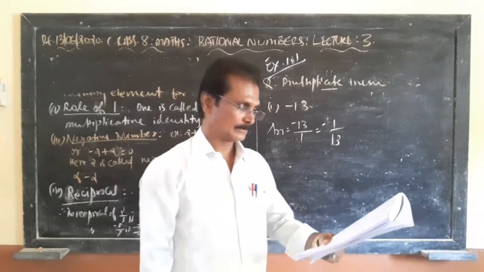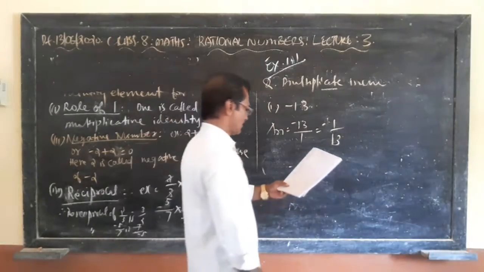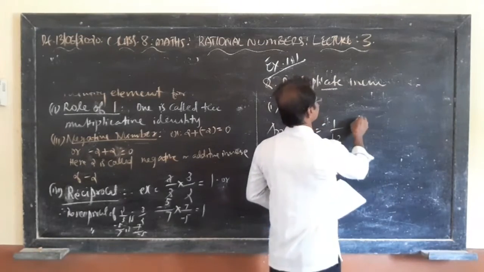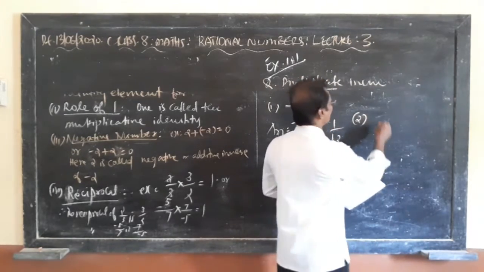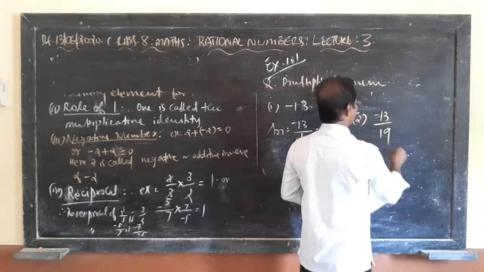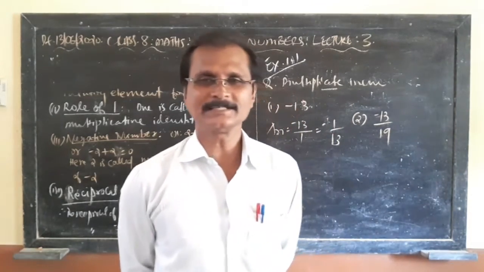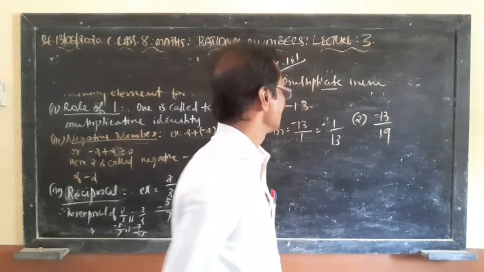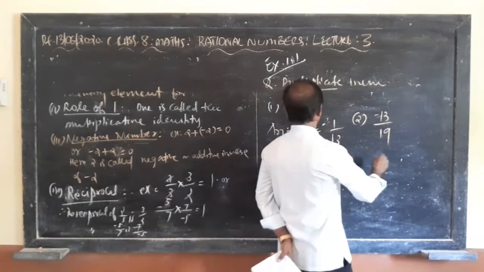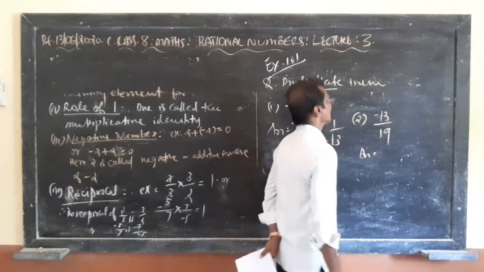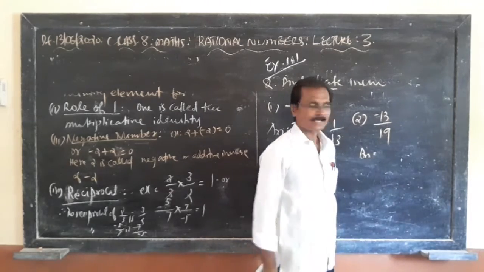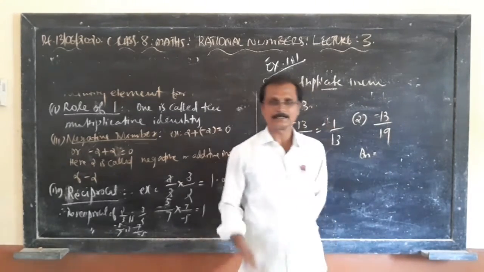Second question, minus 13 upon 19. Tell me the answer. The numerator is minus 13 and the denominator is 19.